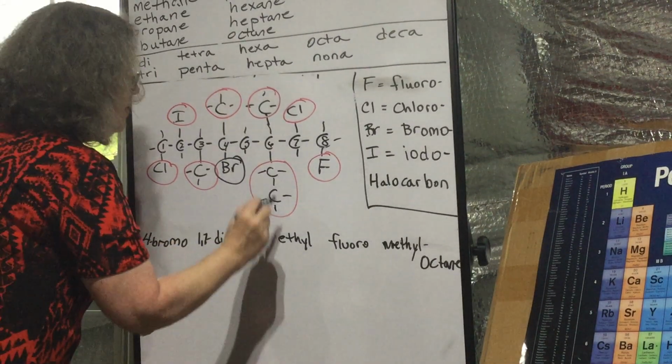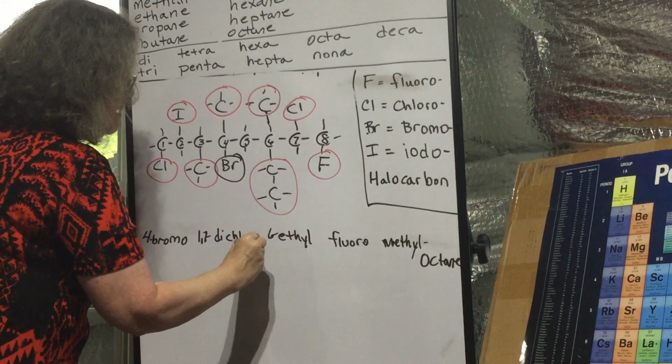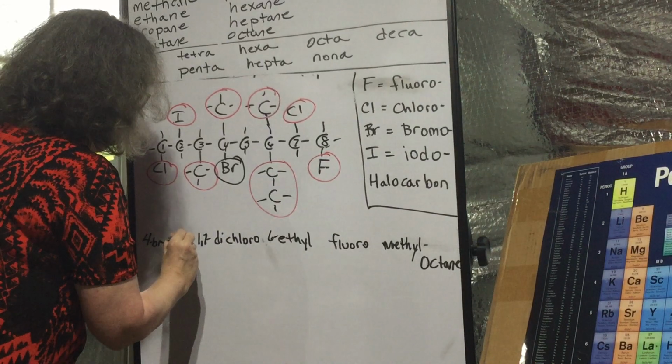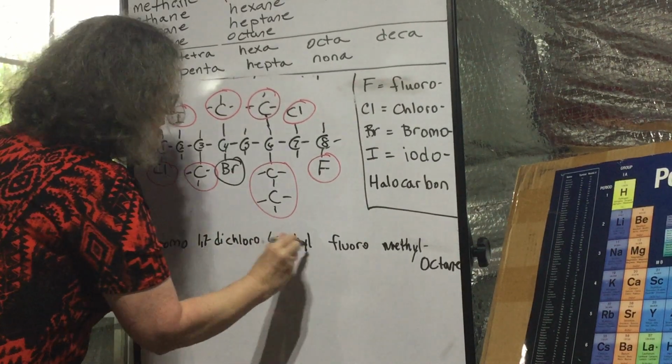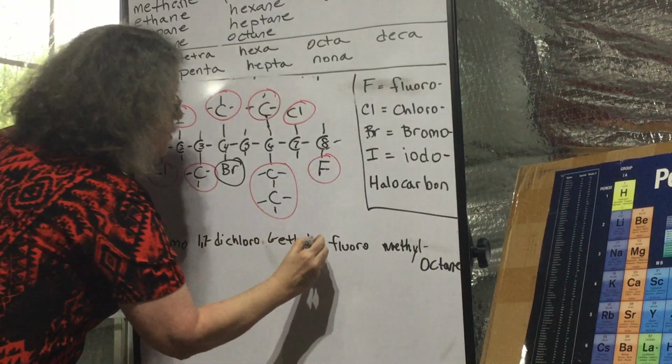Ethyl, we have only 1 ethyl, so it's 6-ethyl. And fluoro, I have 1 fluoro, 8-fluoro.